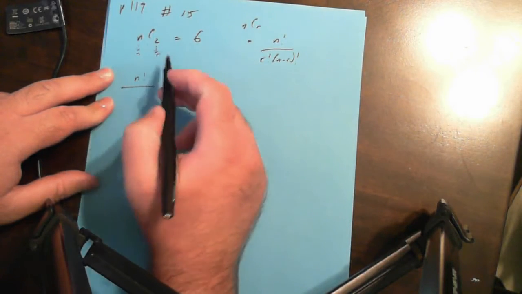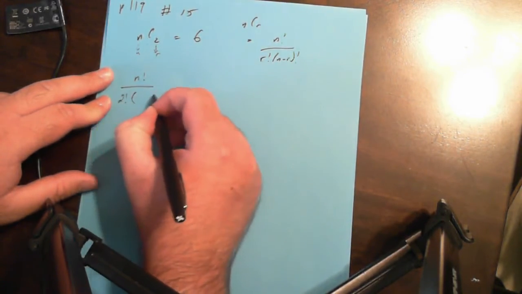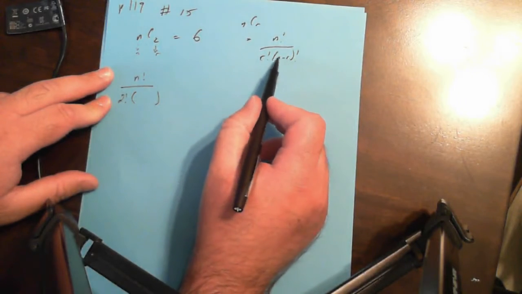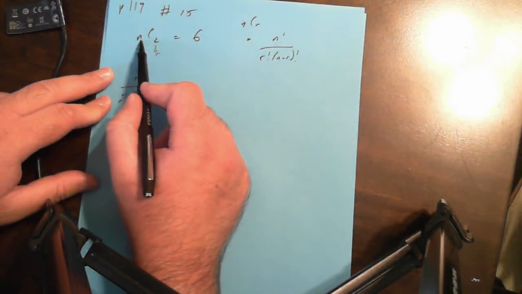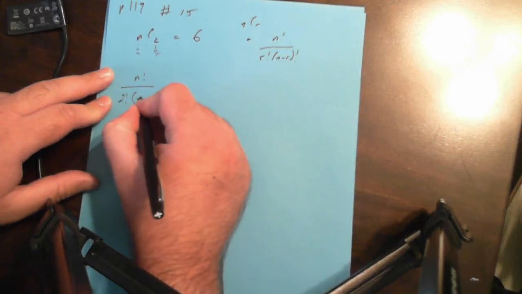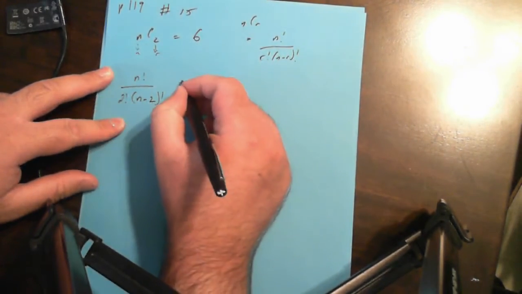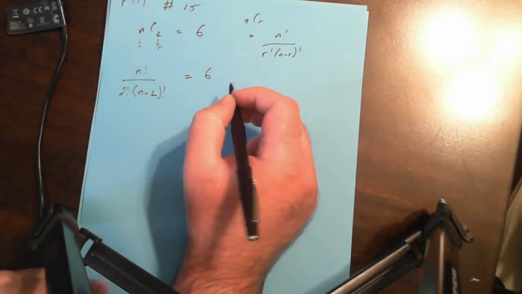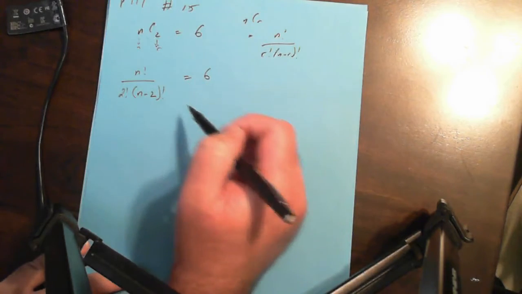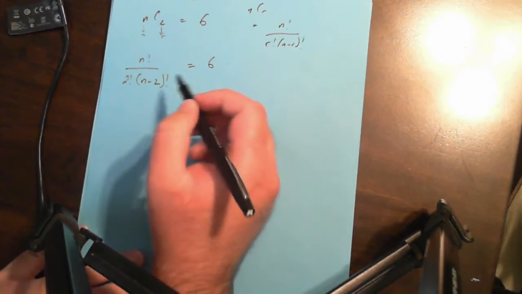My r is 2, so this is going to be a 2 factorial right here. And in brackets here it's n minus r, so it's going to be this minus that. So n minus 2 factorial. Okay? So I've kept the right hand side the same, just changed the left hand side using the formula.